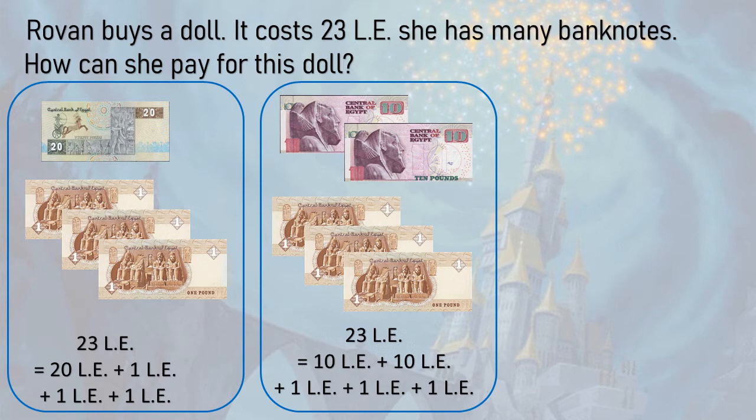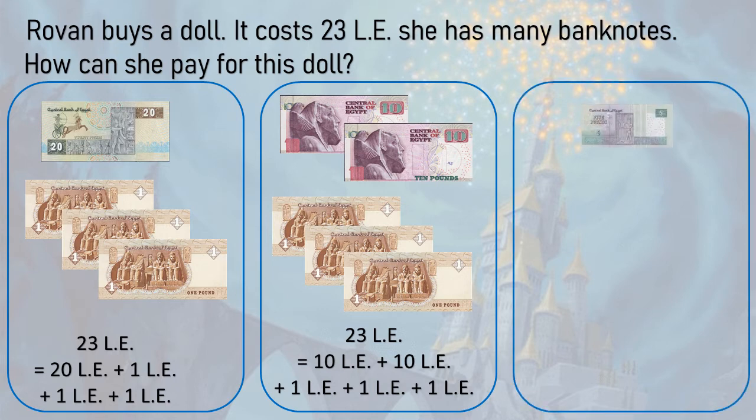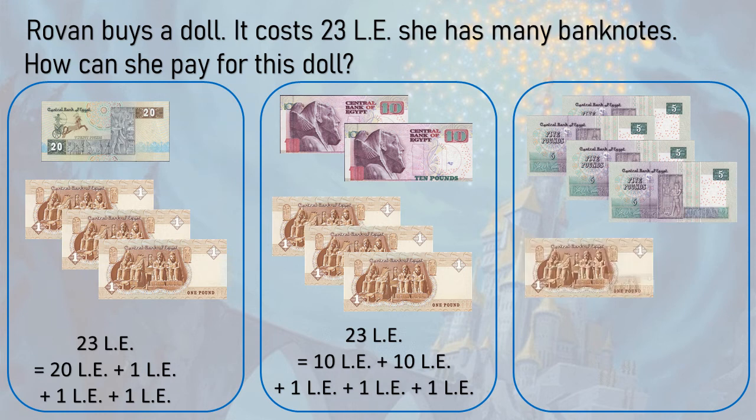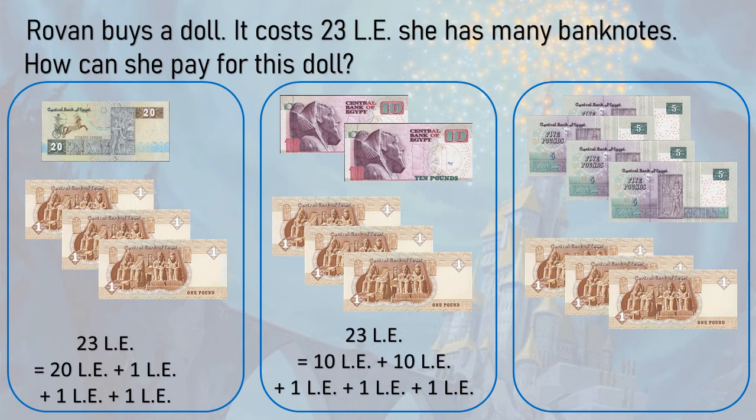Can we find another way to show 23 Egyptian pound? Yes, actually 20 means 5 plus 5, that's 10, and 5 more, that's 15, and 5 more, that's 20, and 21, 22, and 23.